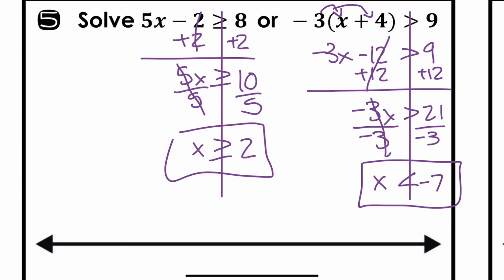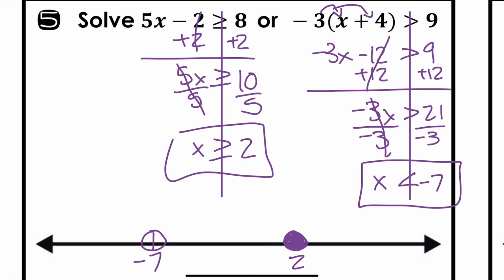All right, number line time. I'm going to start with my smallest number, negative 7. 2 goes over here. All right, so I see the 2 has a greater than or equal to. So I'm going to put my circle there, and I'm going to fill it in. And then I see our negative 7 has a less than, just a less than. So I'm going to put an open circle.